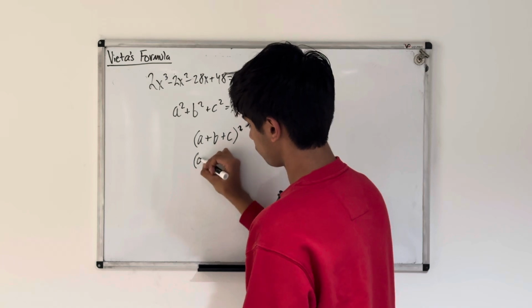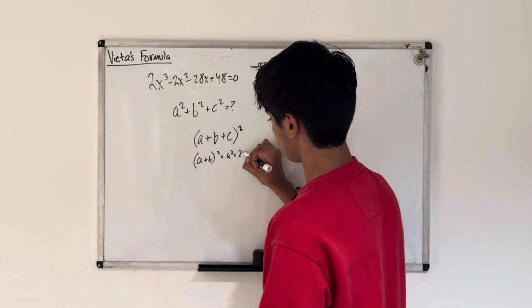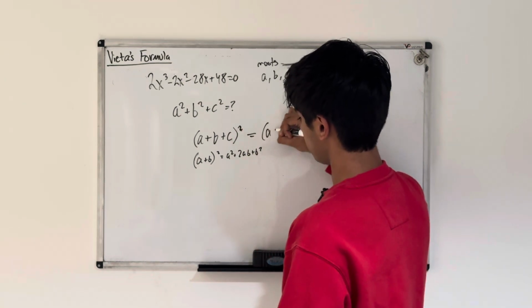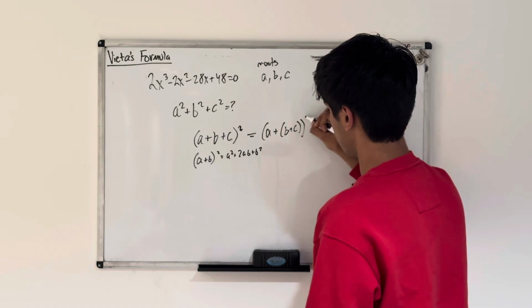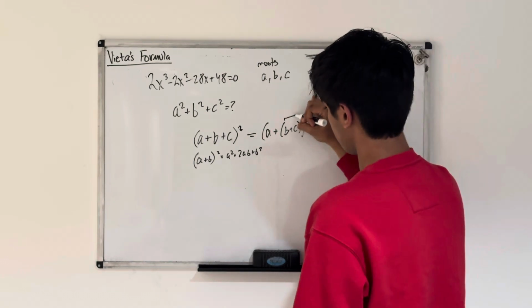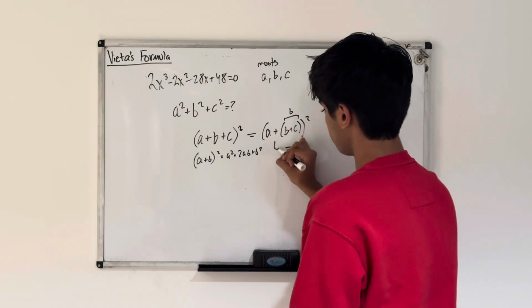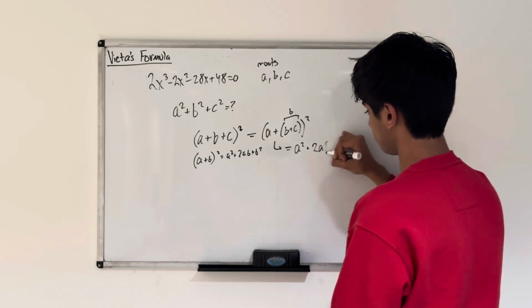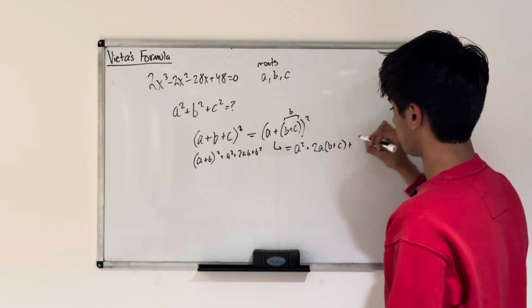So we know that a plus b squared is equal to a squared plus 2ab plus b squared. So we can say that this is just the same thing as a plus, and we'll put these in parentheses, b plus c squared. So we can call this b basically. And we can then say that this is equal to a squared plus 2 times a times b plus c, because we're just using this formula, plus b plus c squared.